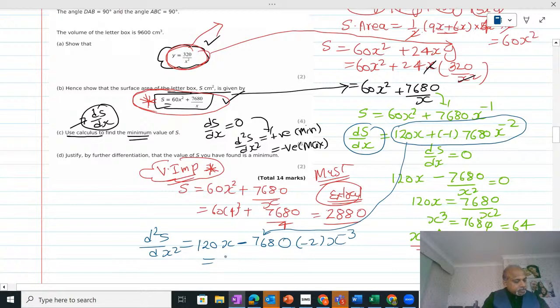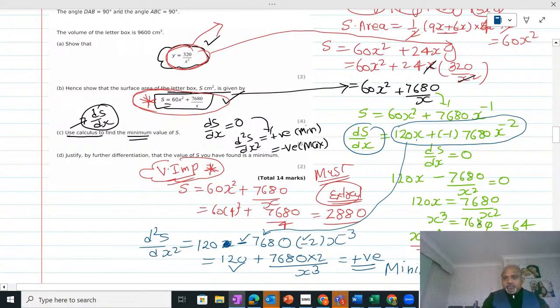The x is gone from 120x, so we get 120, and this minus and this minus become plus, and it is 7680 times 2 divided by x cubed. Now you can see it is 120 plus, and if you put x equal to 4, this value comes positive, and this positive sign is telling you the value will be minimum.